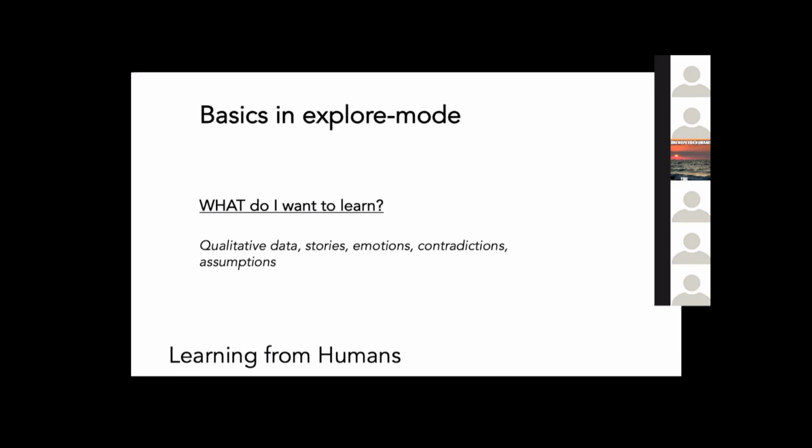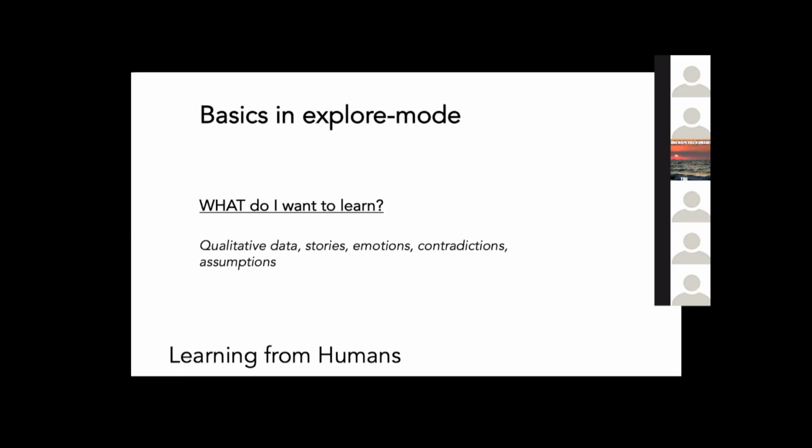So basically, what you all have to do now in this exploration phase is become psychologists and detectives, right? Because you really want to go for understanding and analyzing people and even understanding them better than they would understand themselves, right?